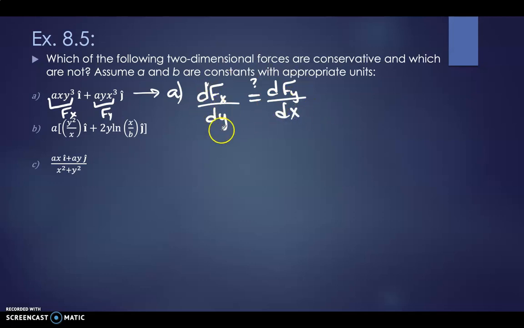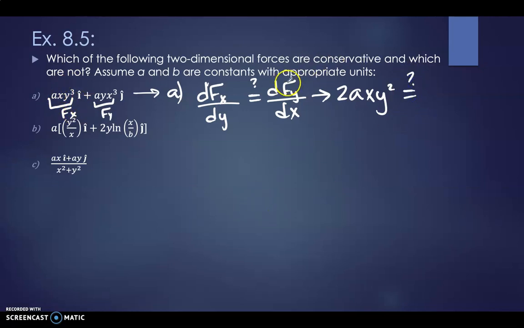So this is what we need to test. The derivative of this first part with respect to y is going to be 2axy squared. I took the derivative with respect to y, so I left x constant and then took my derivative.